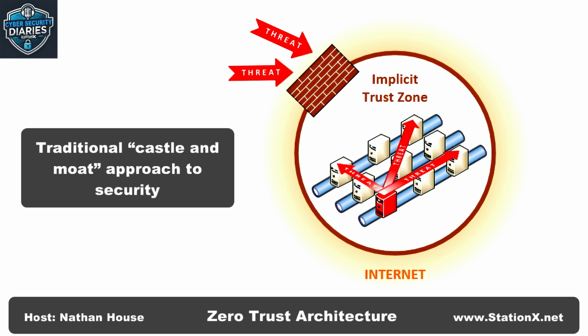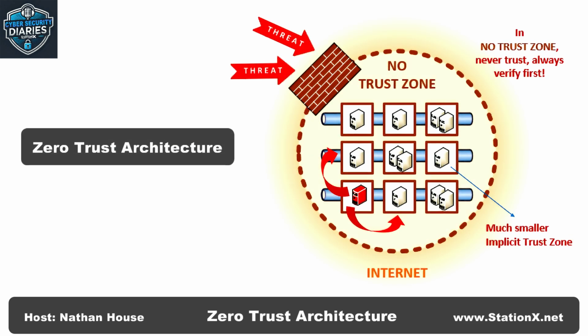Once you're inside, you're trusted by default. But in a world where threats can come from both outside and inside the network, this model doesn't hold up anymore. That's why a new approach is needed, one that doesn't rely on trust, but constantly verifies every single request for access. This is where zero trust comes in.